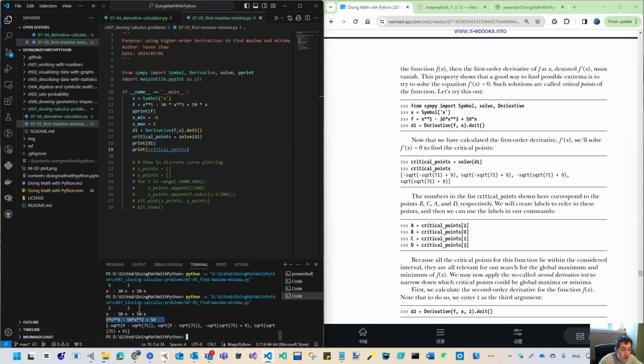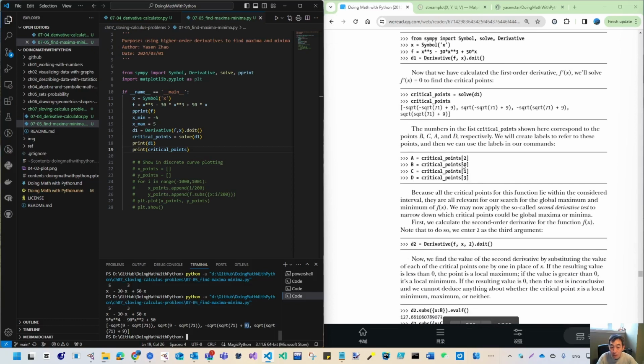So that is the first order derivative. And what these critical points mean is that the critical point gives you 4 points. These correspond to the maximum or minimum in a certain range. So those are the 4 local maximum and minimum.